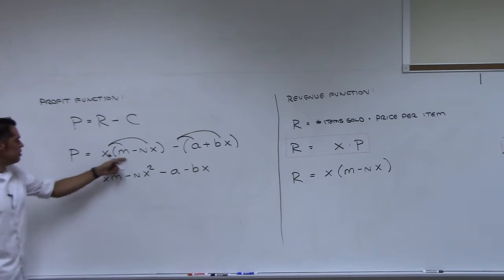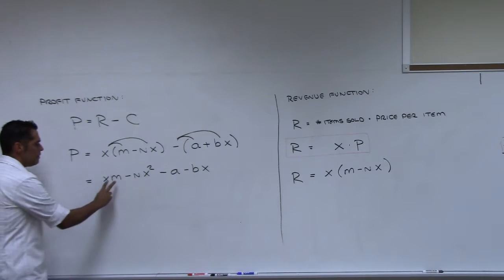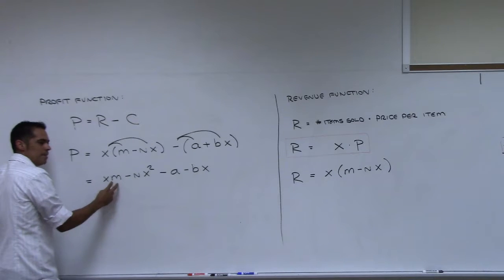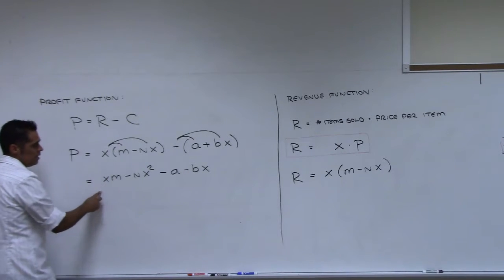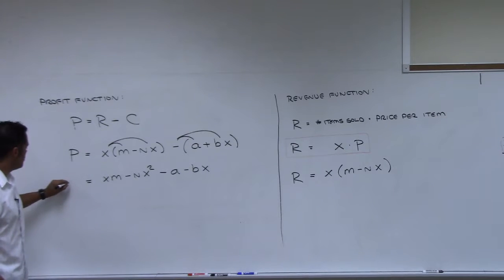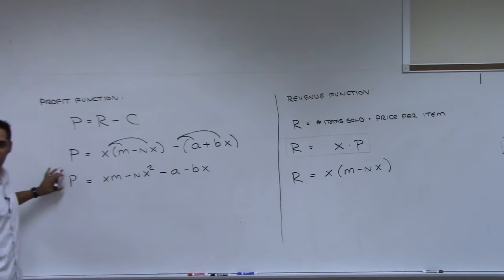So just distributing through. Does it matter if I write x times m or m times x? Does this order matter? It doesn't. With multiplication, it doesn't matter what the order is. So I could put xm or m times x. So this is my profit function. Any questions on how I got that?